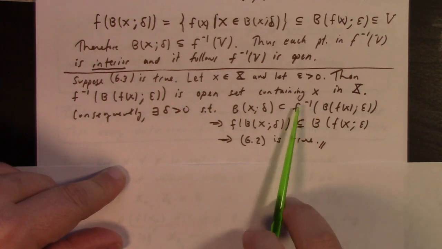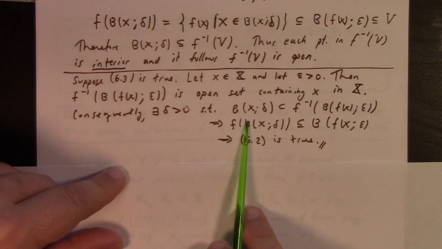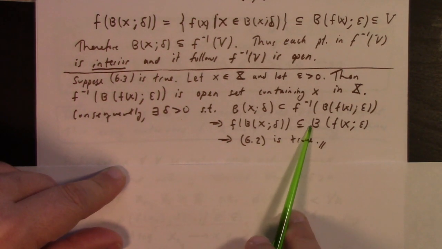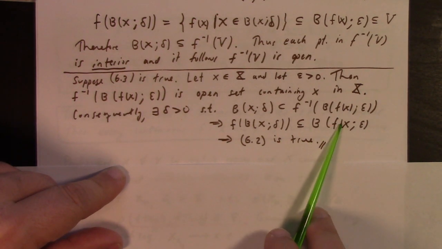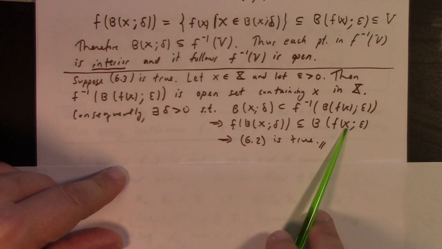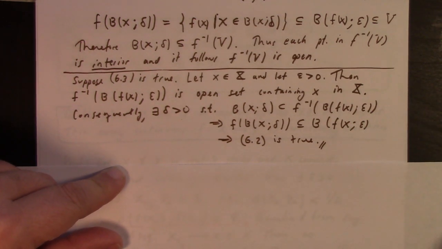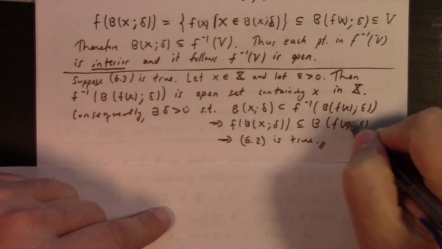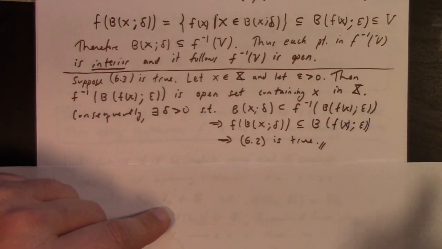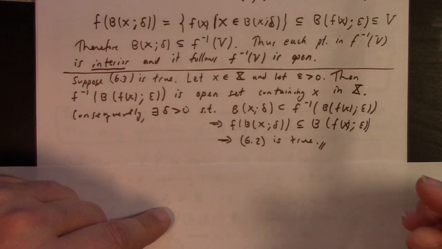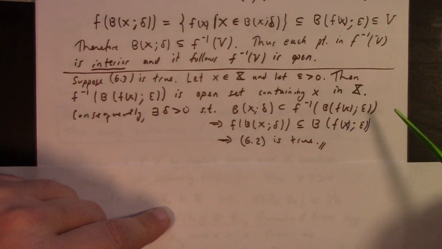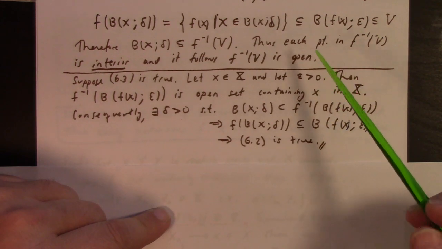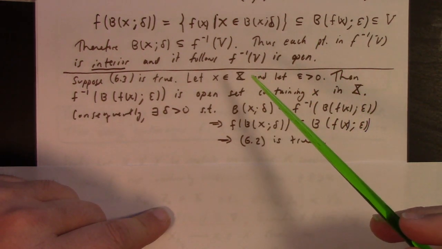Which is to say, taking f of both sides, that the image of the ball of radius delta centered at x is a subset of the ball of radius epsilon centered at f of x, which is to say that we have shown that 6.3 implies 6.2.